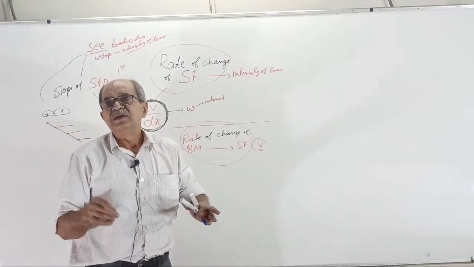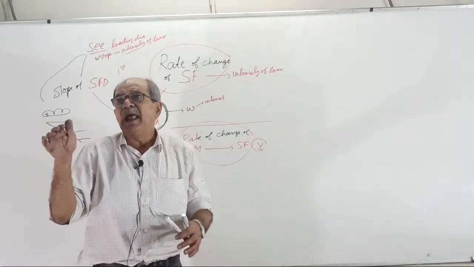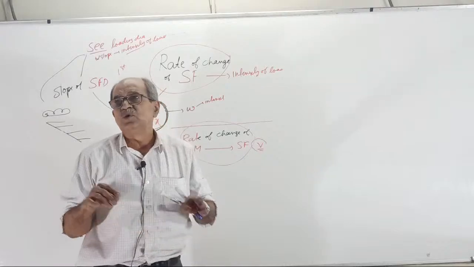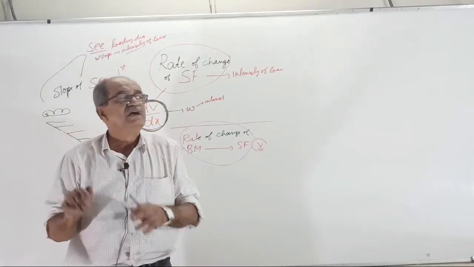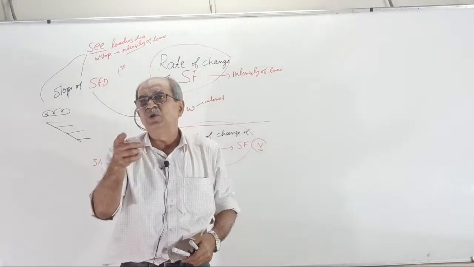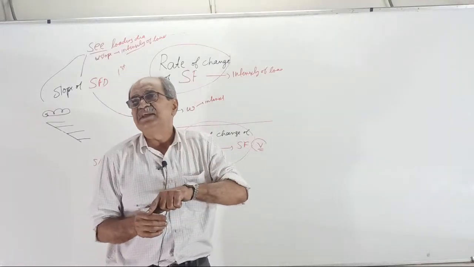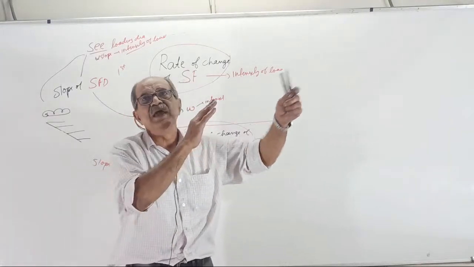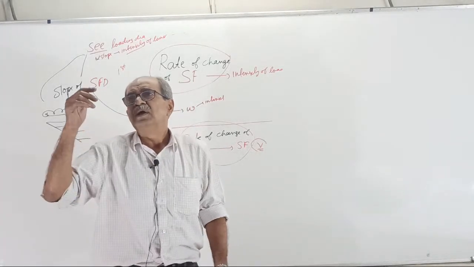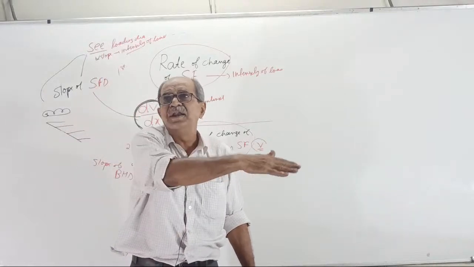If it is UDL, slope will be constant, straight line. If it is UVL, a parabola will come. Slope will vary. How? Where intensity is less, slope is lesser. Where intensity is more, slope is more. If you go from lesser intensity to higher intensity, slope keeps on increasing, whereas if you move from higher intensity to lower intensity, slope will keep on decreasing.